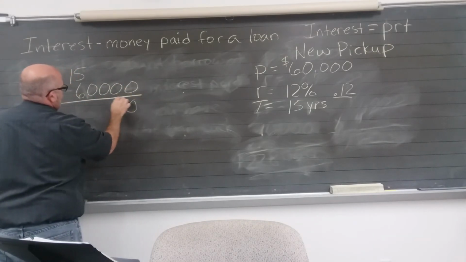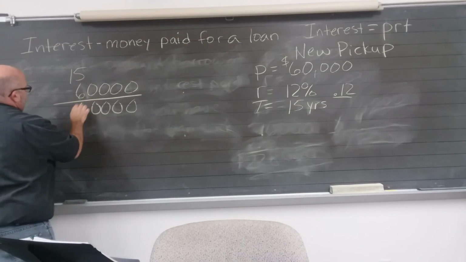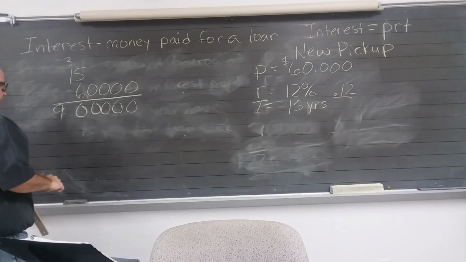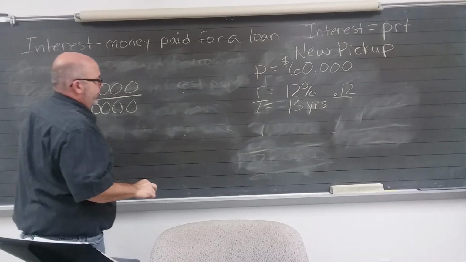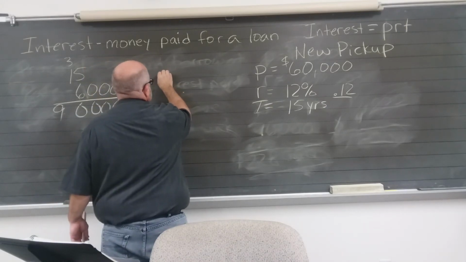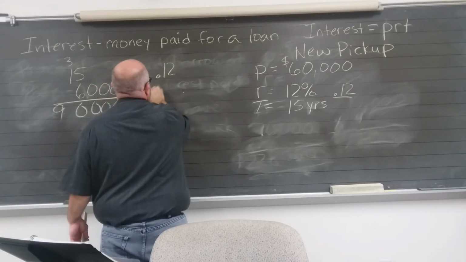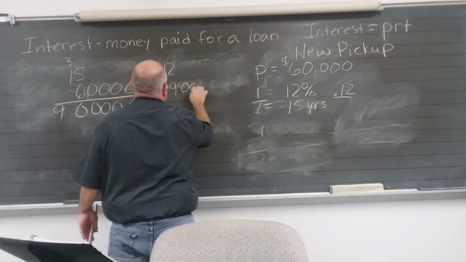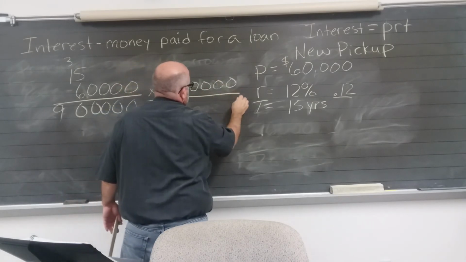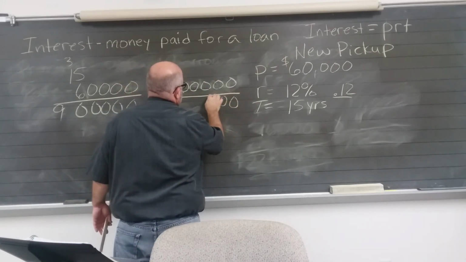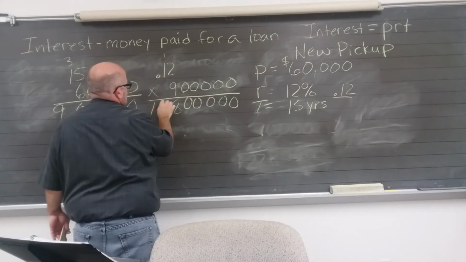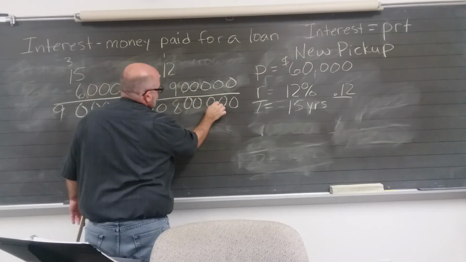So we have 0, 0, 0, 0, 30, 90, 6. So what do we got there? 900,000. Now we got 900,000 times 0.12. So you have 0.12 times 900,000.